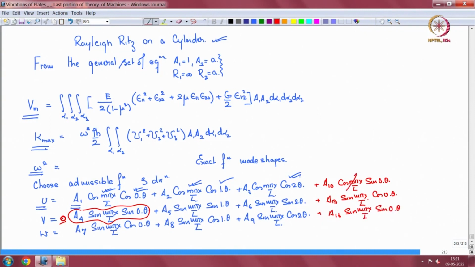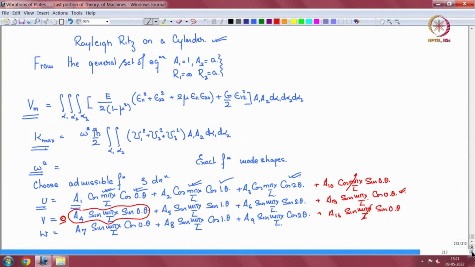So these two are not there. So now if you put this mode in here, you will capture the n equal to 0 axisymmetric torsional mode.